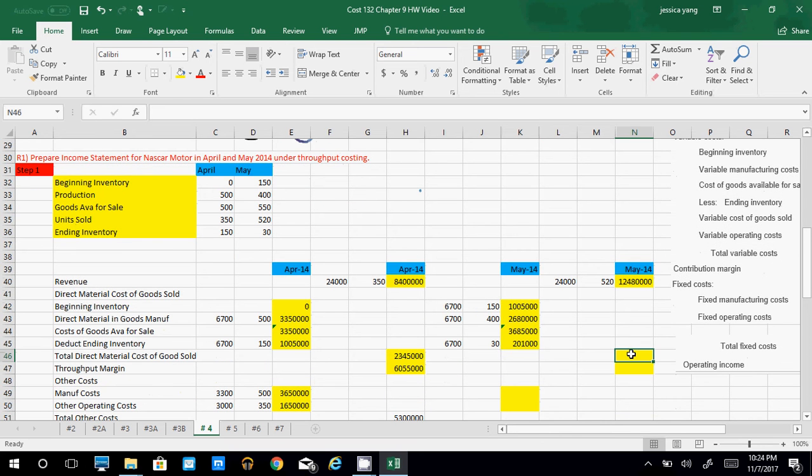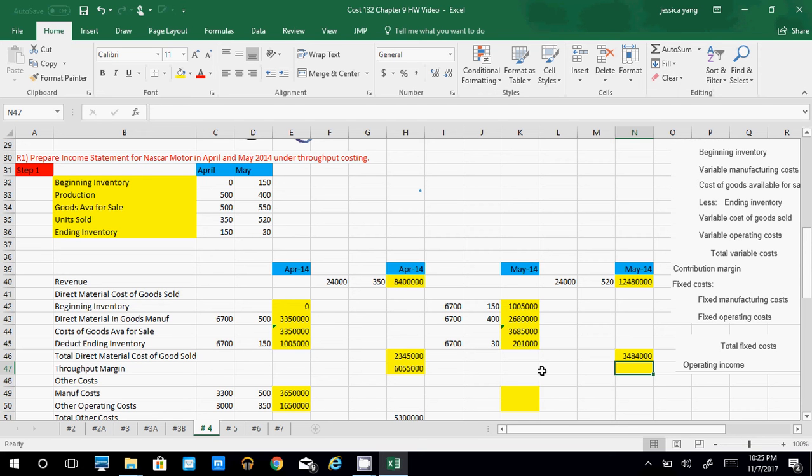To get total direct material cost of goods sold, we would take our cost of goods available for sale and subtract our deduct ending inventory, which gives us an answer of 3,484,000 for total direct material cost of goods sold.